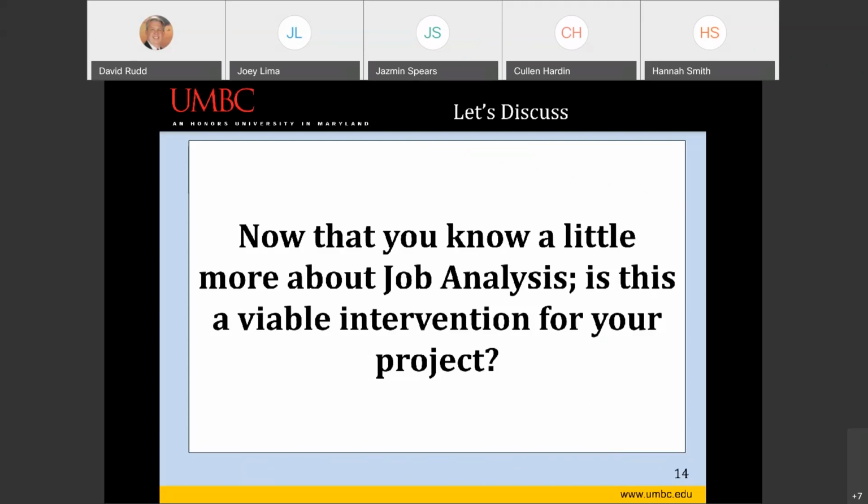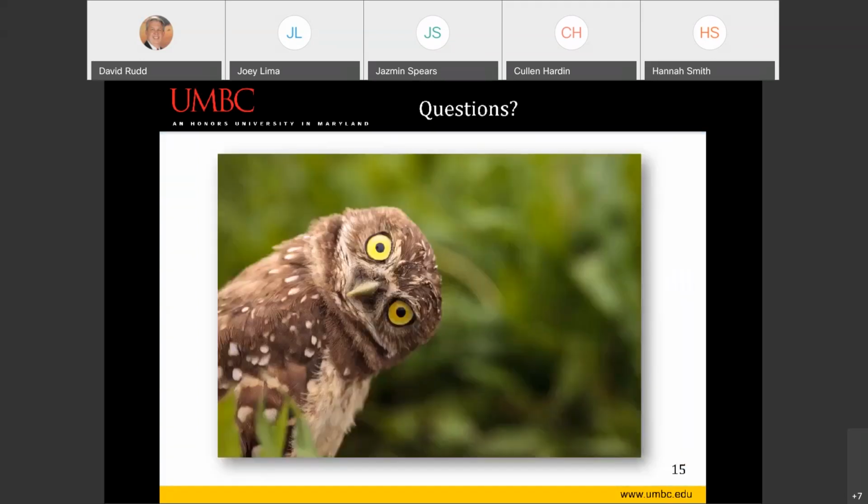Okay, I guess not. All righty. But I just want you to think about this. Again, it is a very powerful intervention and very powerful to be able to improve performance in an organization. So if you have any questions about what we covered, job analysis, okay? Because we're going to be moving on to work design right after this.